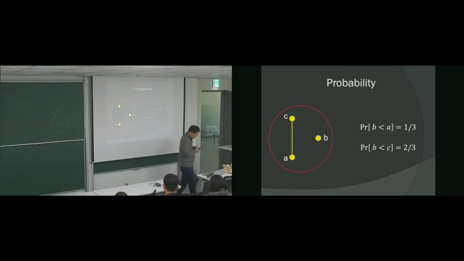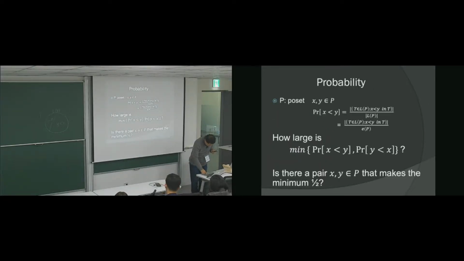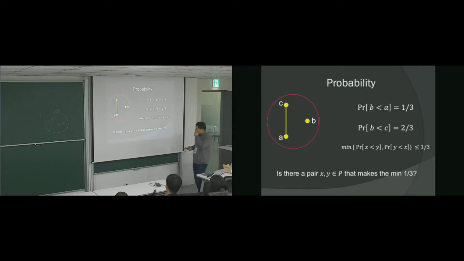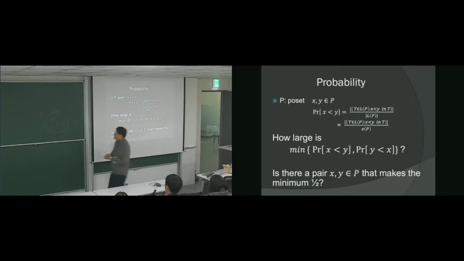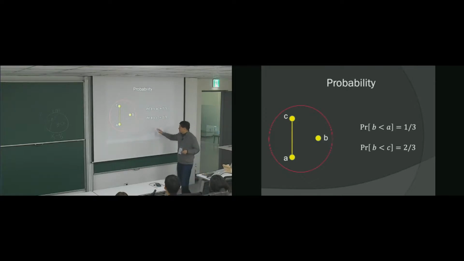So half and half is not always possible, by this easy example.